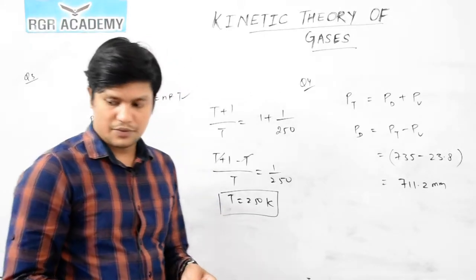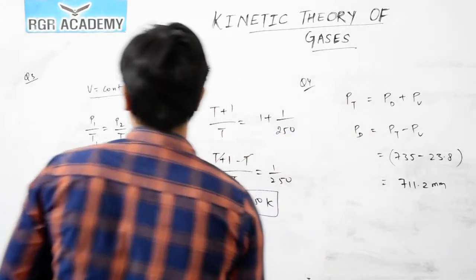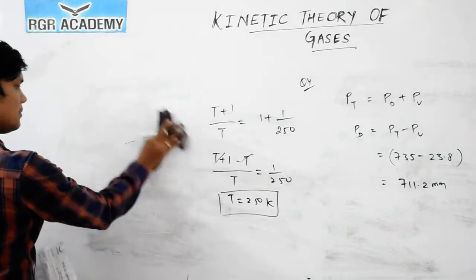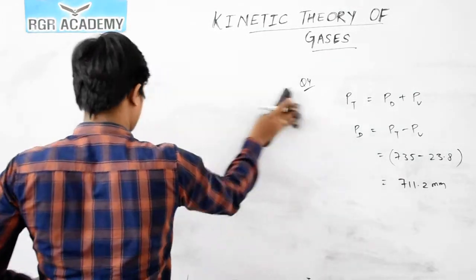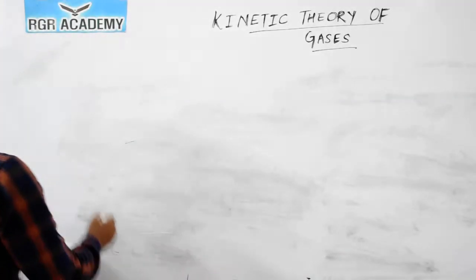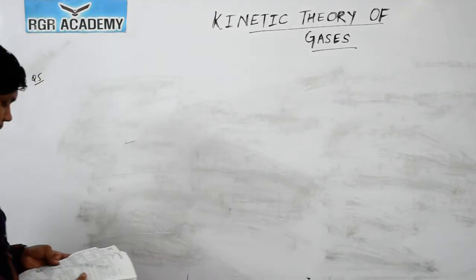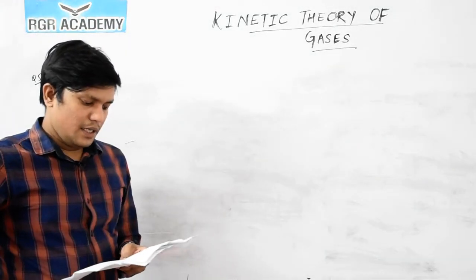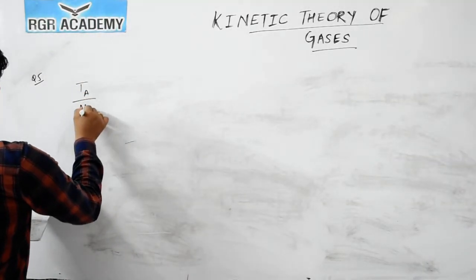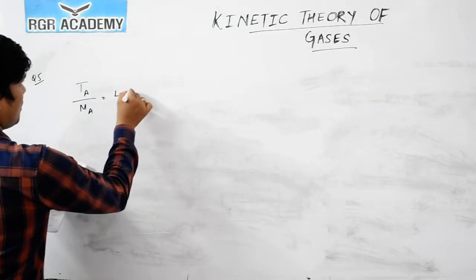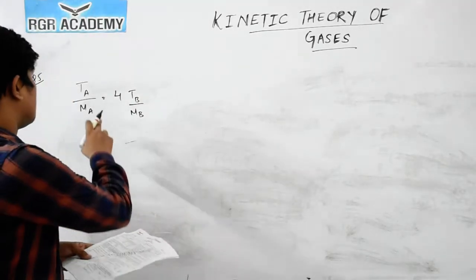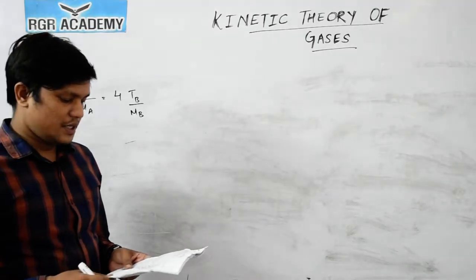Now we will move on to question number 5. Let A and B be two gases, and given TA by MA is equal to 4 times TB by MB, where T is the temperature and M is the molecular mass.